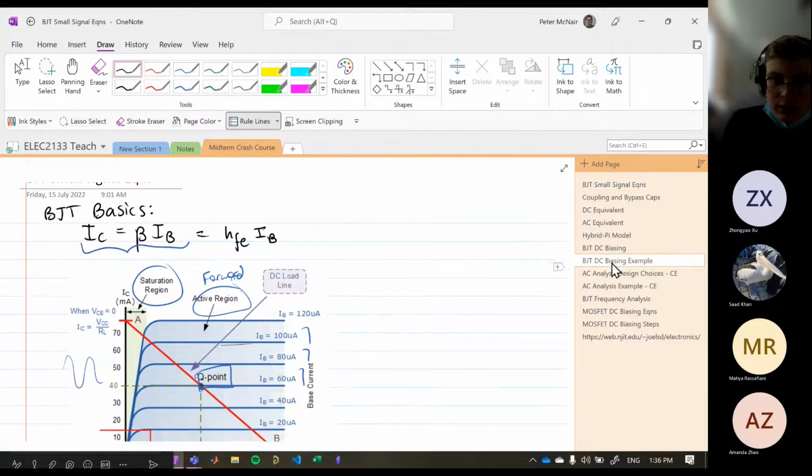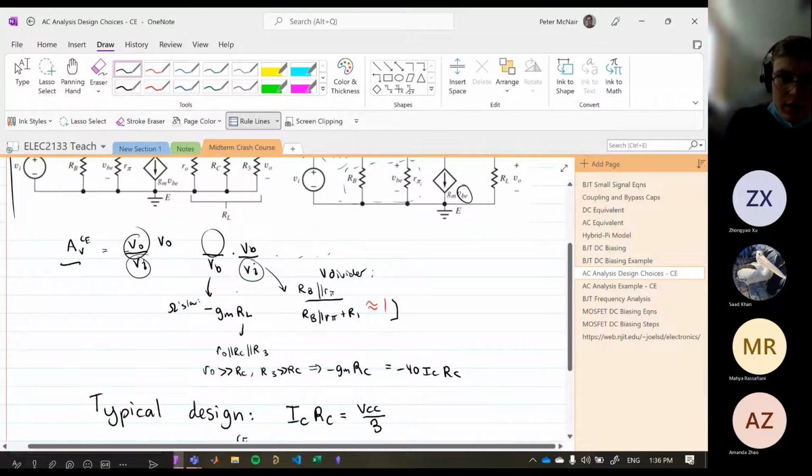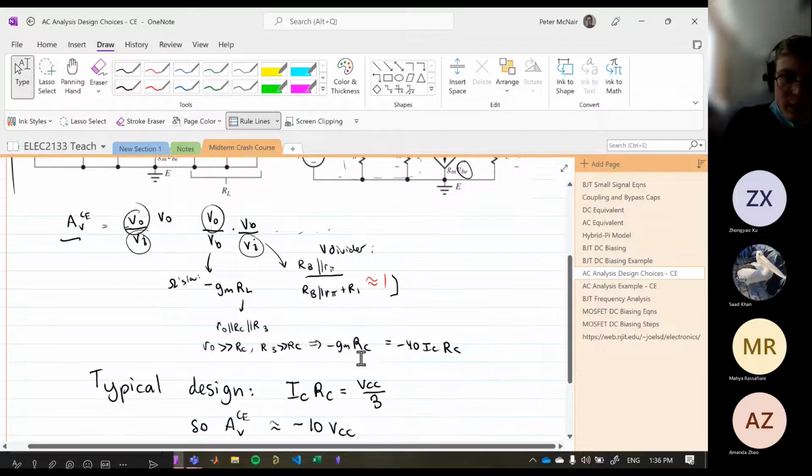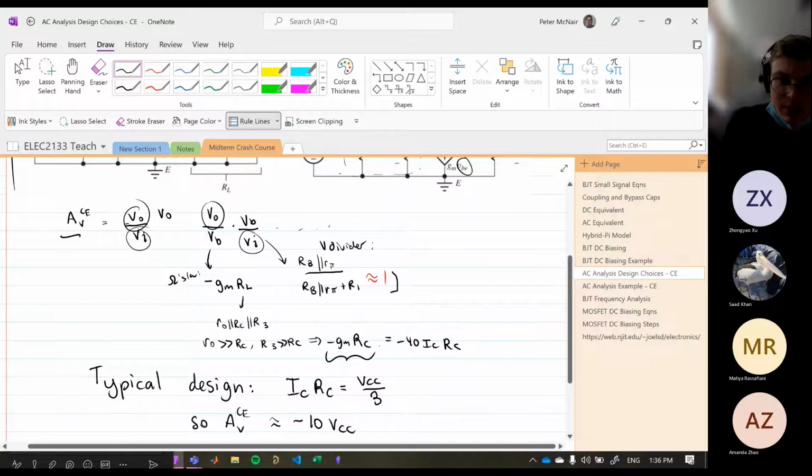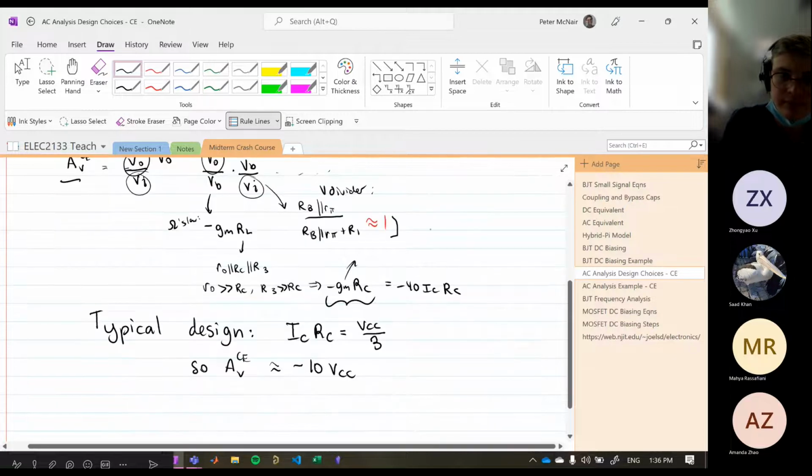Where were we? And then R3 is also much bigger than RC, just by design. So then we get that our gain becomes minus GMRC. This should be really familiar to you. This should also be sort of committed to memory, I guess.